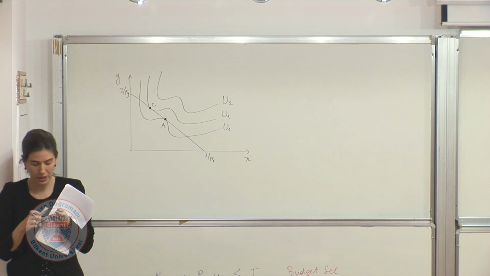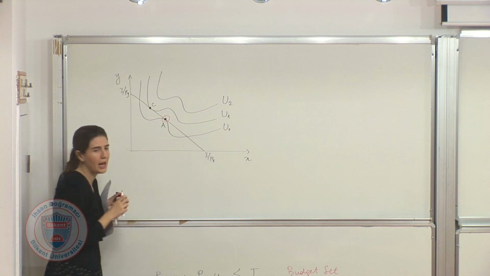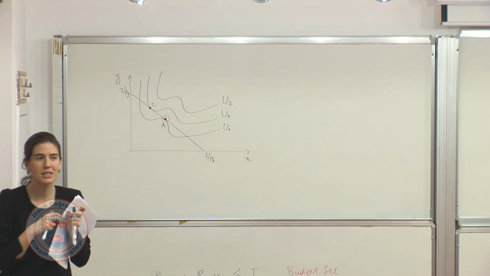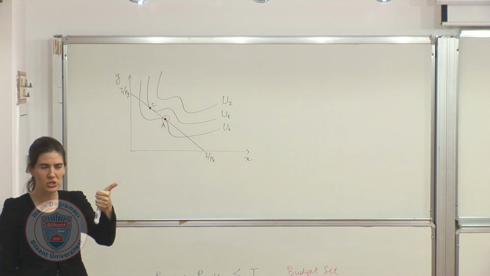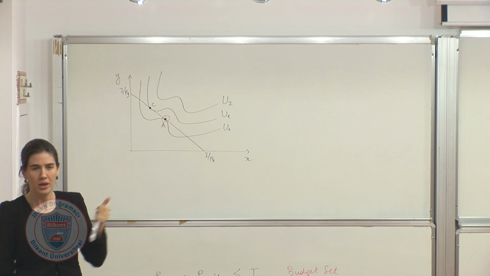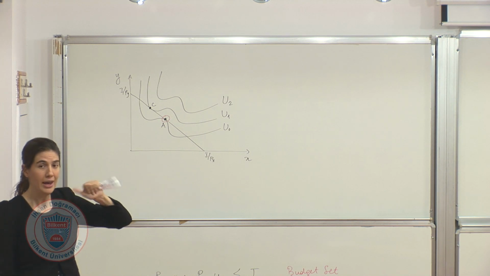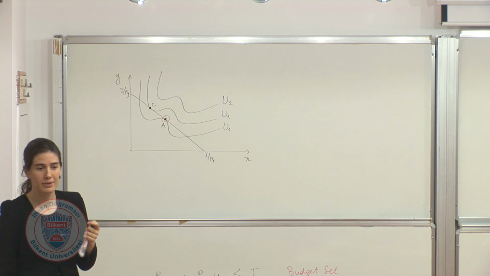Now, let's check point A. What's happening at point A? It's tangent to the budget line, meaning that at A you are spending all your income. Yes, so you're on the budget line. It satisfies that condition. And what about the slopes?